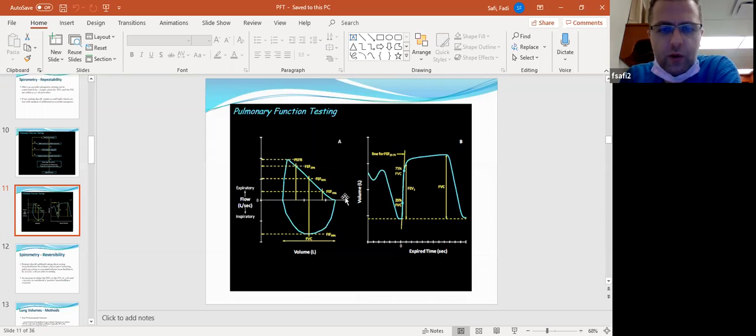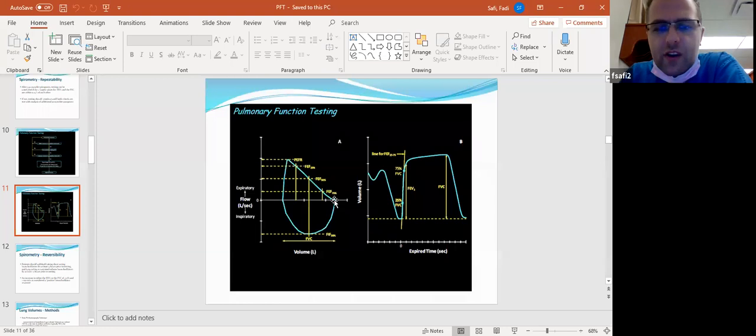And what you ask the individual to do is take a deep breath. So full inspiration here, and then expiration here. The inspiration will be in the negative part here. We call it the inspiratory loop, and here is the expiratory loop.